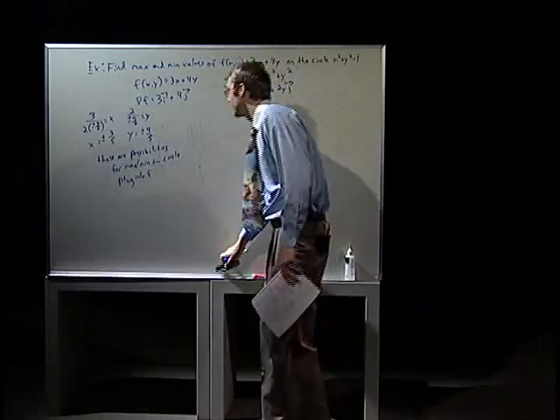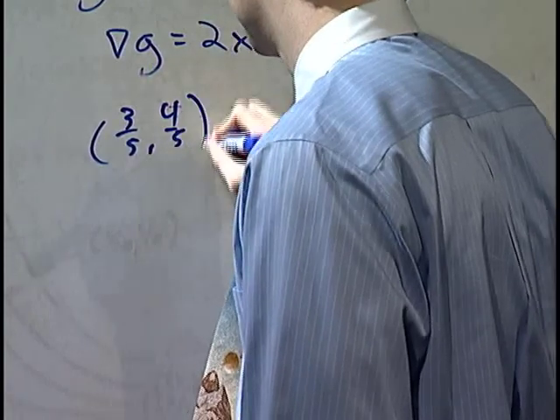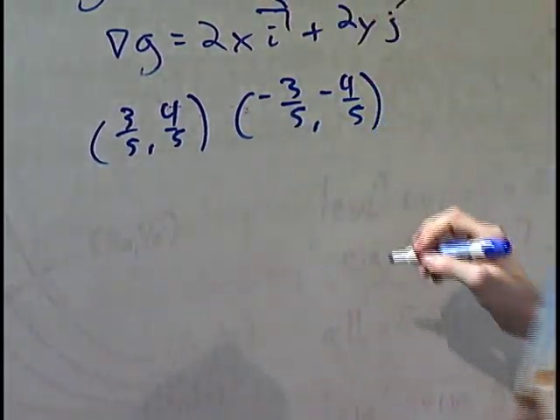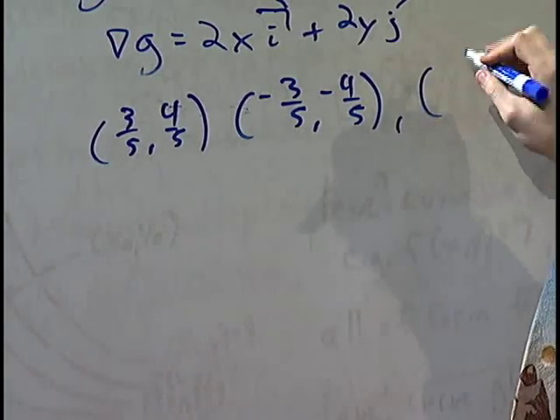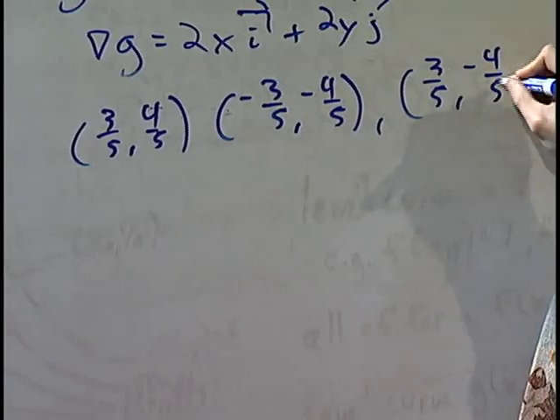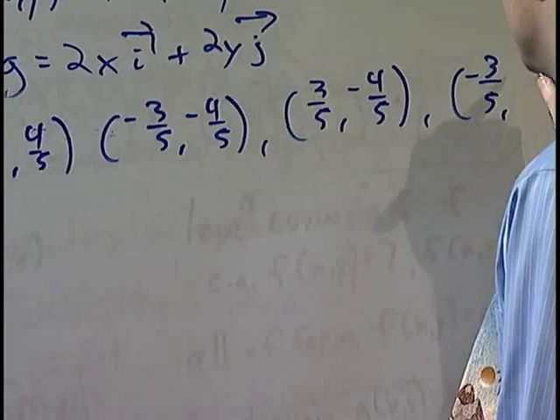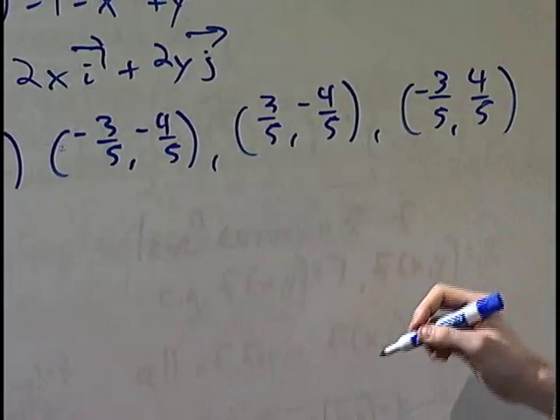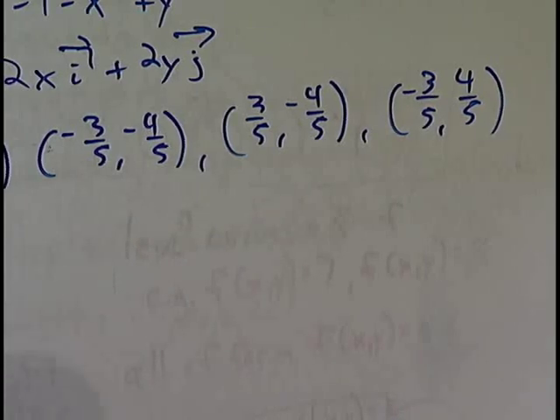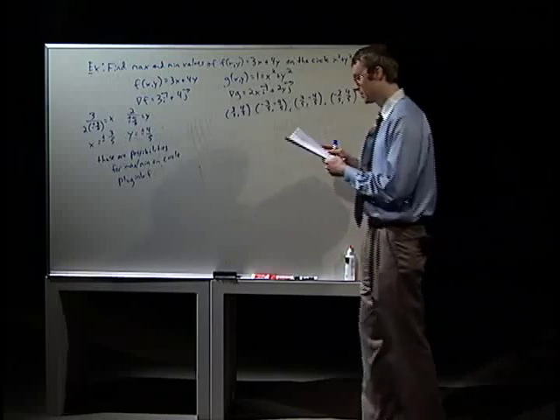Your points are 3/5, 4/5; negative 3/5, negative 4/5; 3/5, minus 4/5; and negative 3/5, positive 4/5. Which one? You can plug them back into the equation and see which one maximizes, right?